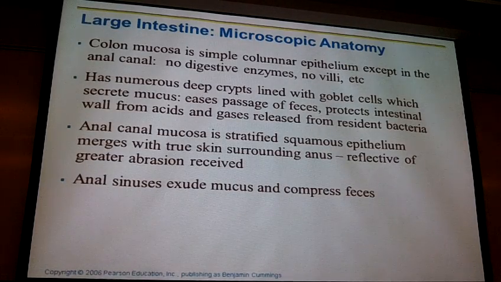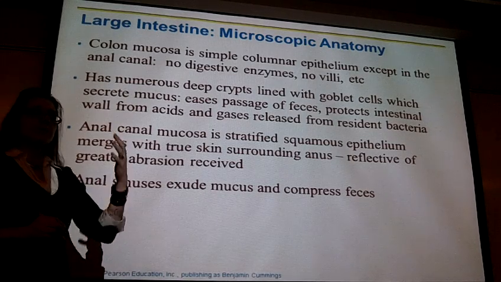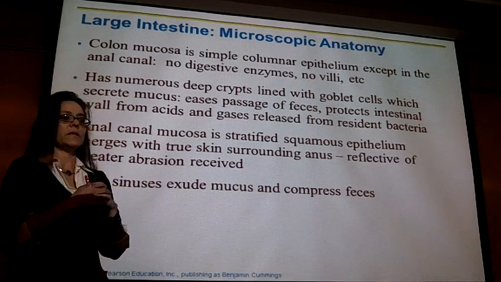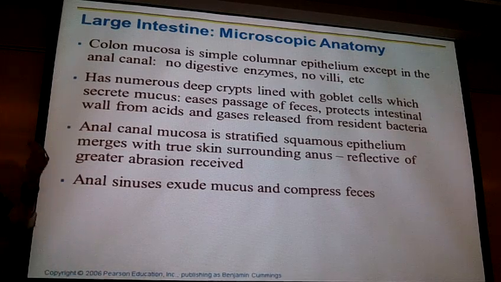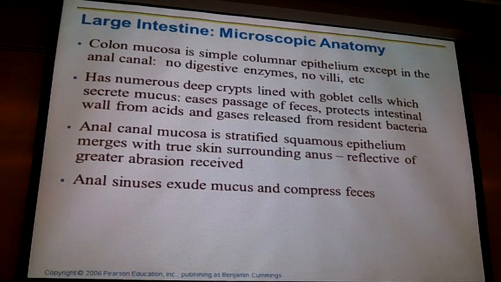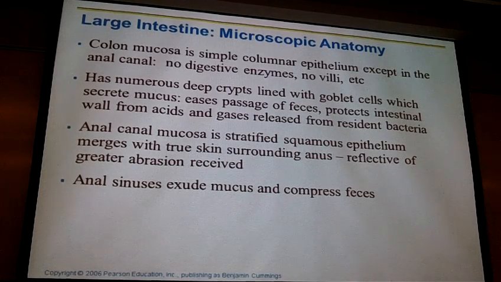Okay, so let's look at the different tunics here in the large intestine and talk about any adaptations that we might have here. So again, it's going to have all 4 distinct tunics, just like what we've seen in the esophagus and the stomach and the small intestine. When we look at the mucosal tunic, the epithelia is going to be simple columnar epithelia, just like it was in the small intestine, just like it was in the stomach as well.